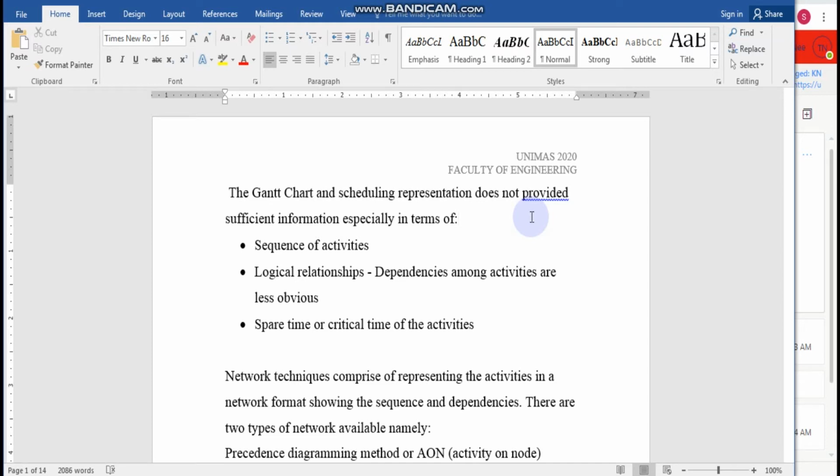For network techniques, I prefer to use only the major activities, because there is not much point going into the smaller activities and complicating things, unless a secondary activity is quite critical, in which case you put it into the network. If you have 15 major activities, you use 15; if you have 20, you use 20, and then you line them up in a network format. Network means that you have a node and an arrow.